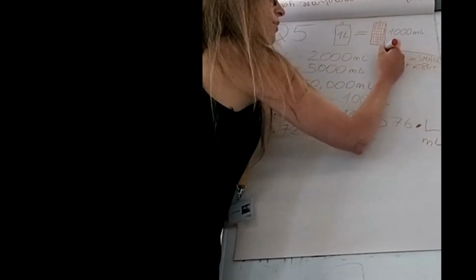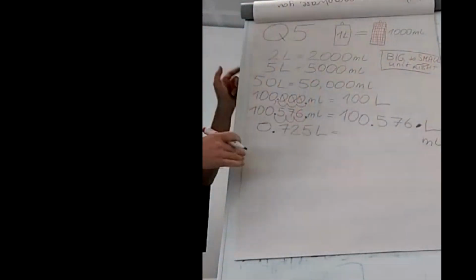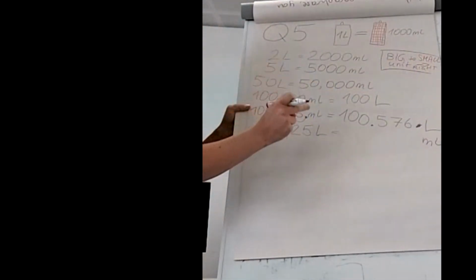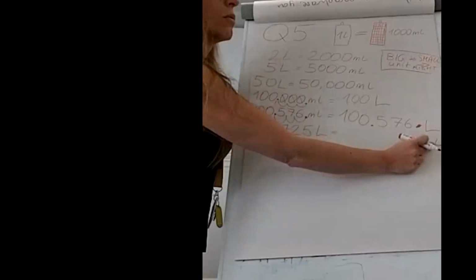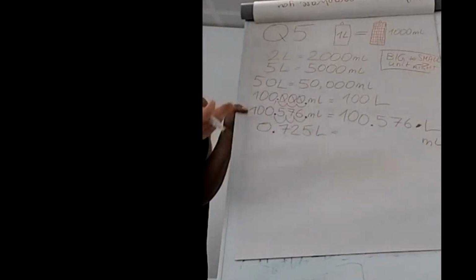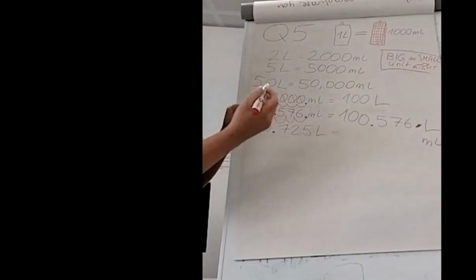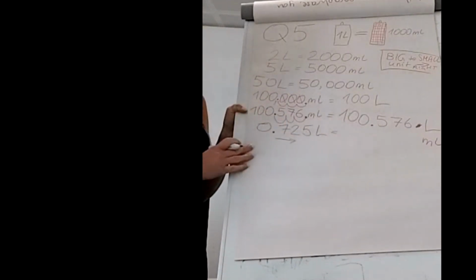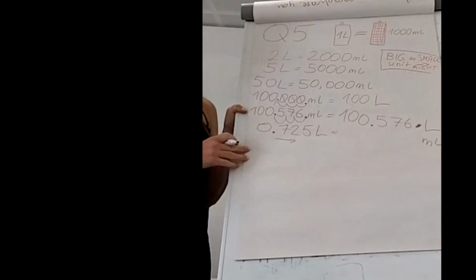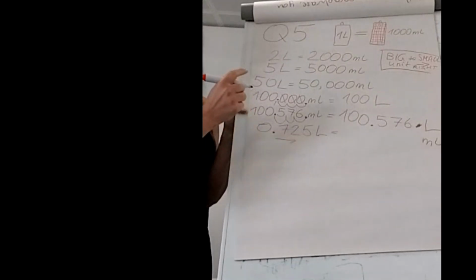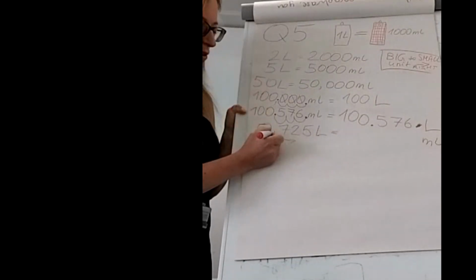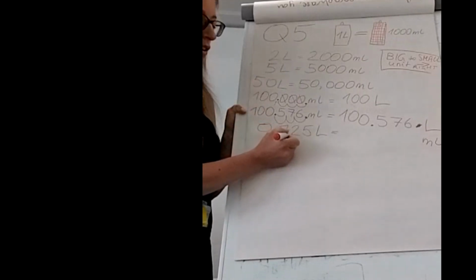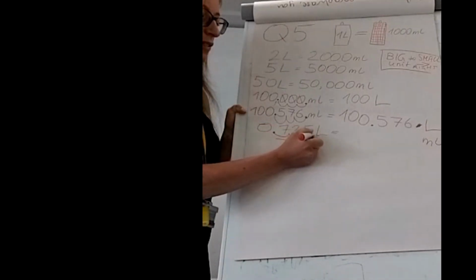So that's our rule. It's the same rule as before. So we have big and small, right? So we move it to the right. Anna, how many times? 3 times. So 1, 2, 3.